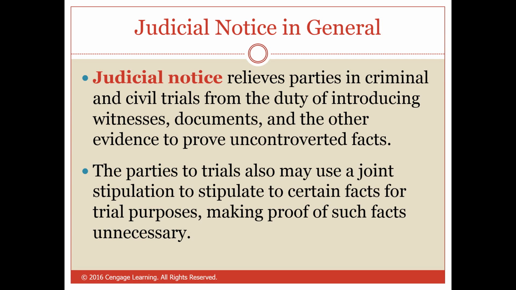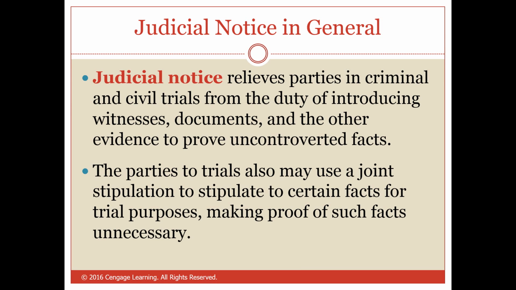So judicial notice relieves parties in criminal and civil trials from the duty of introducing witnesses, documents, and other evidence to prove uncontroverted facts. Basically, both sides agree that something is what it is. Both sides will stipulate to the court.